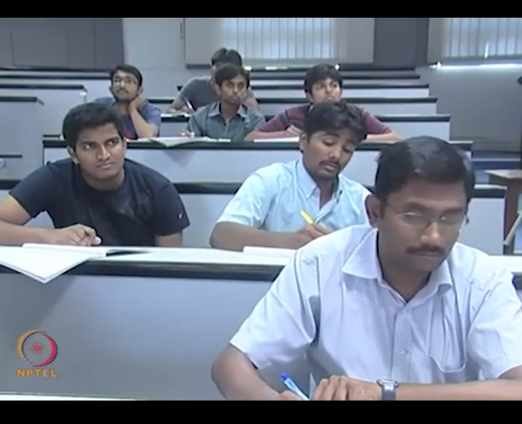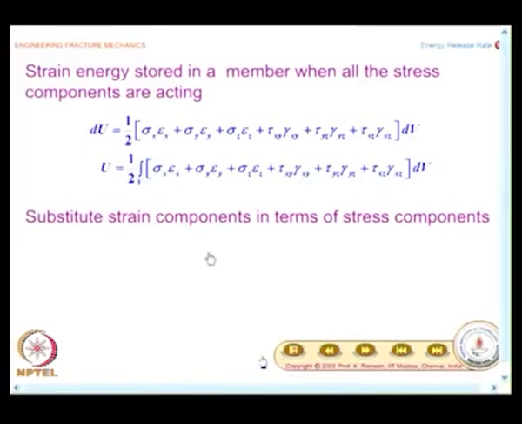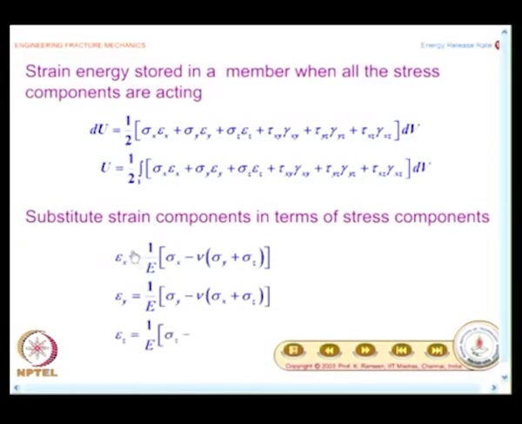The axial strain, you have to be very careful in writing it. So, you write epsilon x as 1 by E of sigma x minus nu times sigma y plus sigma z. Never forget to include this, it is very important. This is one of the common mistakes students make when they move from a tension test to a generic situation.